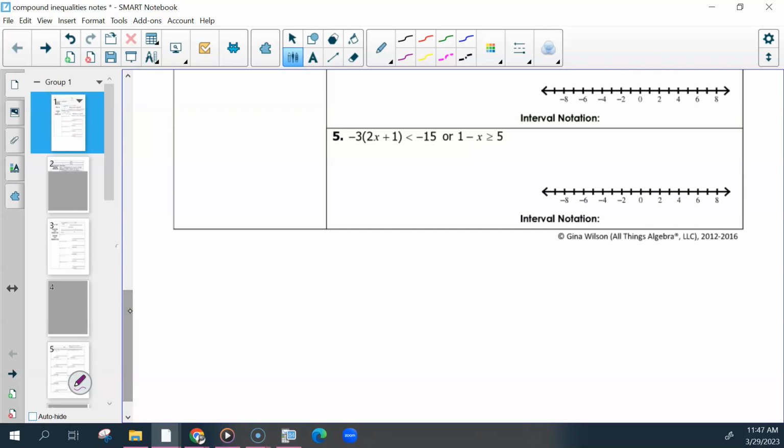So again, solve them separately. For the one on the left, I'm going to start by distributing. Negative 6x minus 3 is less than negative 15. I'm going to solve just this one. If you want to solve them both at the same time, go for it. Add 3 to both sides.